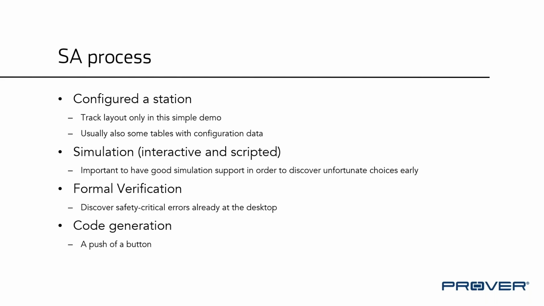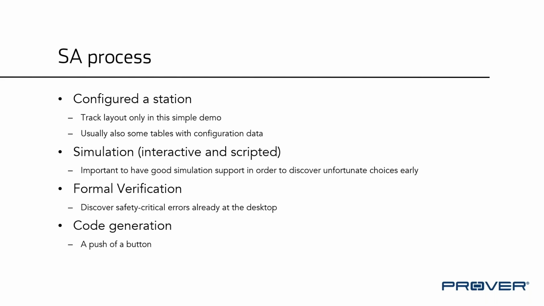For formal verification, we'll discover safety critical errors already at the desktop, which is also very good because you don't finish your configuration and your whole specific application process first and then hand it over to a verification team. You actually make the developers run the formal requirements already when they are working, which makes it much less likely that errors will remain in the design.